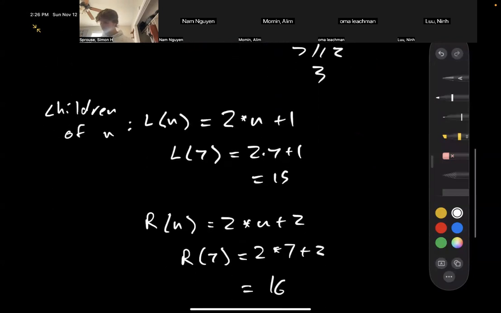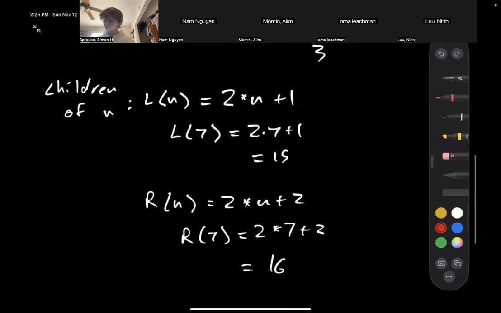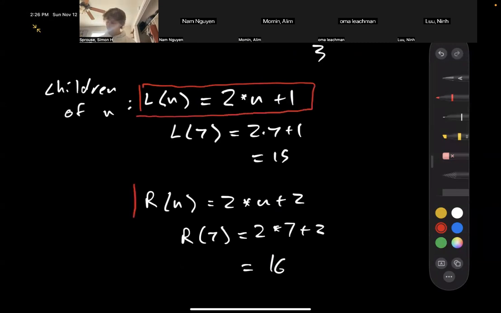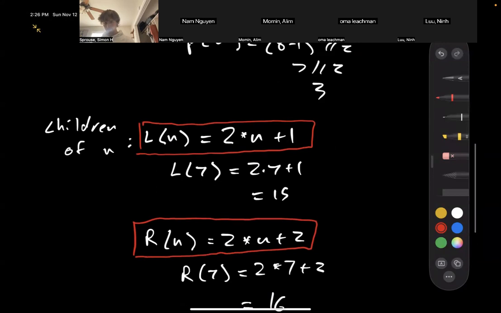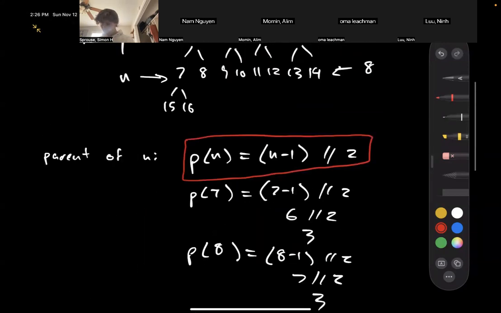So I'm gonna box these formulas too. So now that we've got these formulas that mathematically define where not only the children are going to end up, but also where the parent is going to end up.